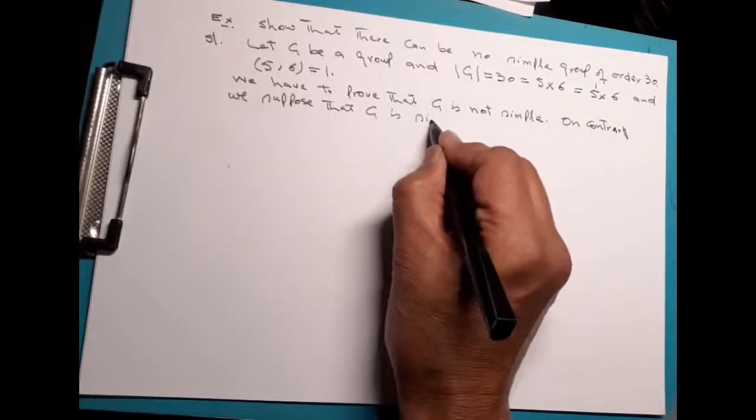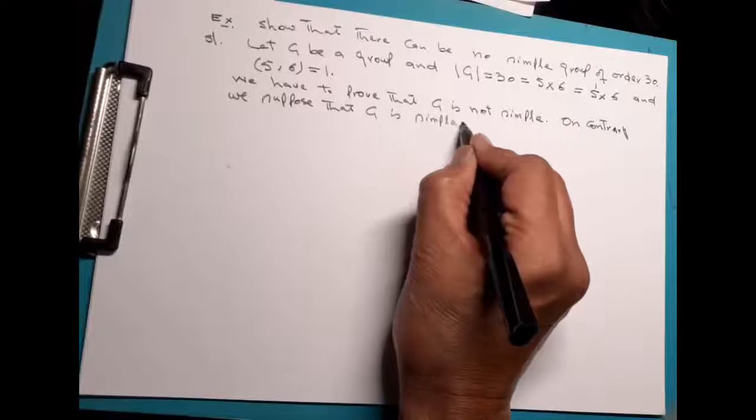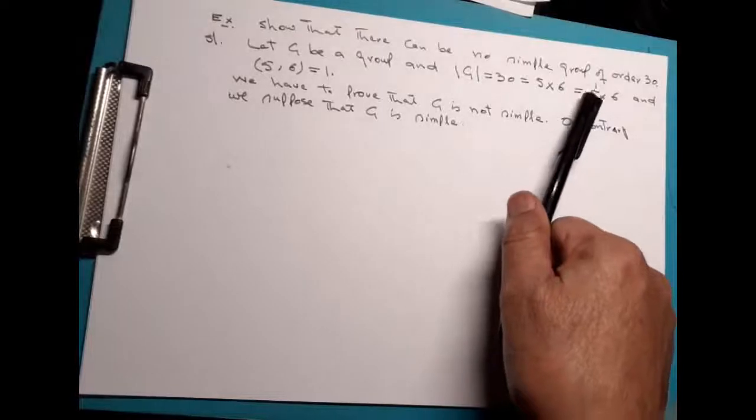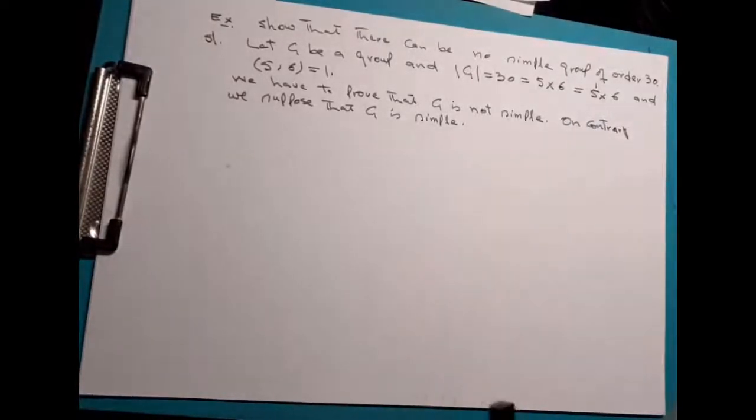This means that G has no proper normal subgroup. So on the contrary, suppose that G is simple.